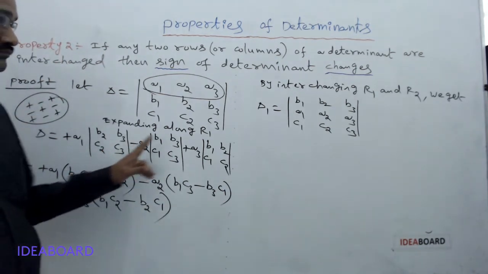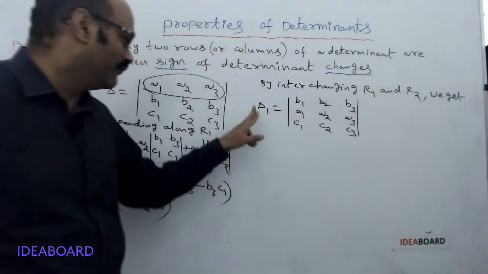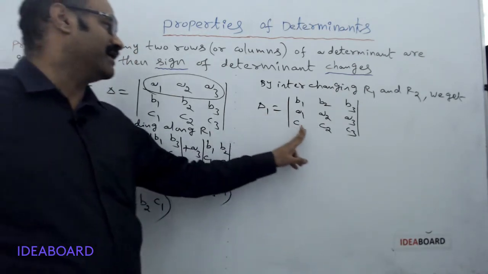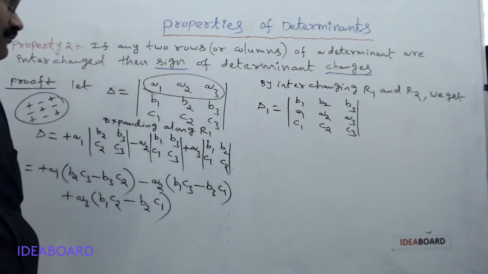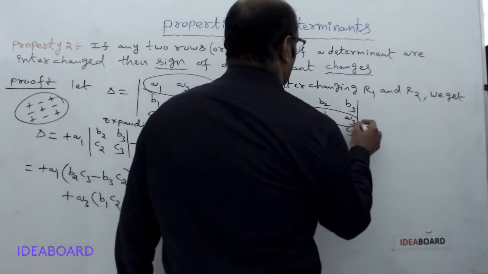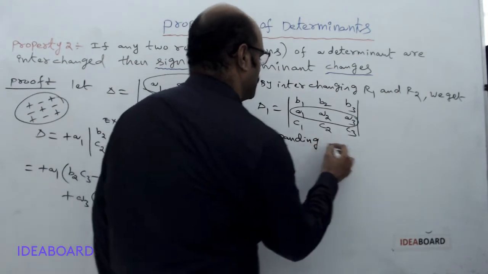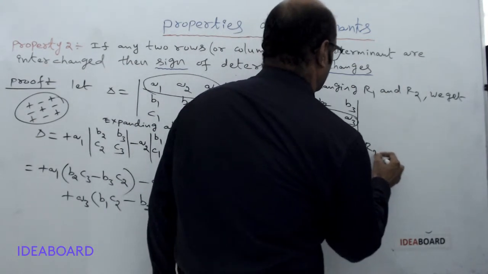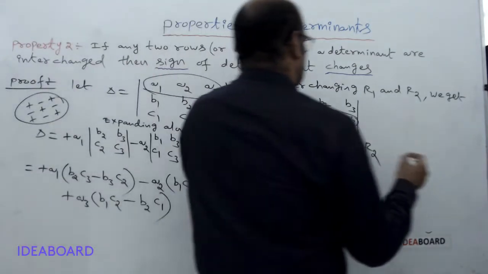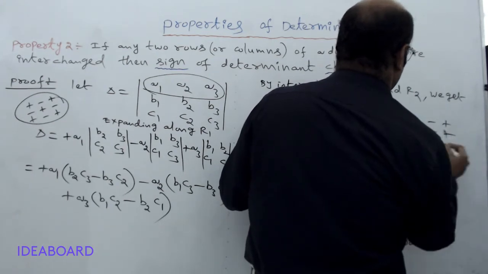Now, by interchanging the two rows R1 and R2, we have delta 1 equal to this one. Now we need to expand this one. I would like to expand along R2. The signs we have are plus, minus, plus, minus, plus, minus, plus, minus, plus.